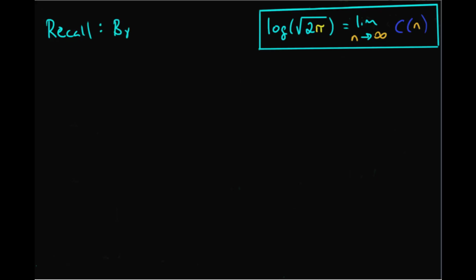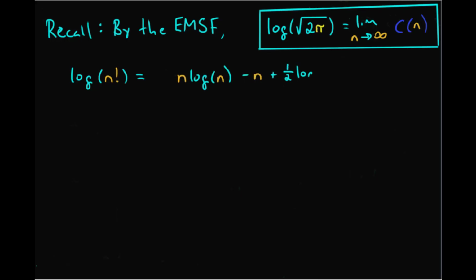And now we're ready to put everything together, because recall, by the EMSF, we have that the logarithm of n factorial equals n times the log of n minus n plus 1/2 times the log of n plus our remainder c of n.